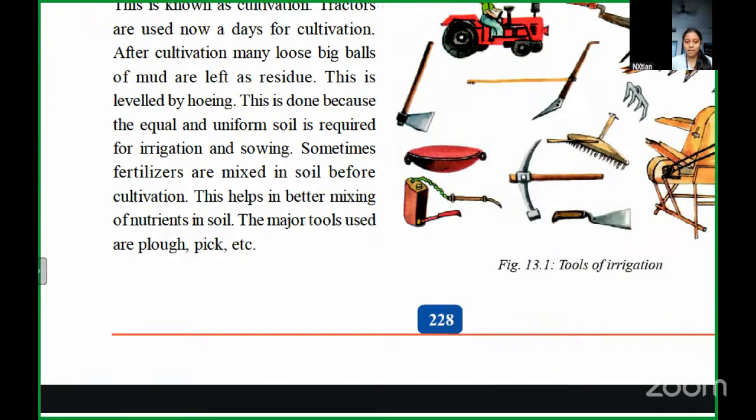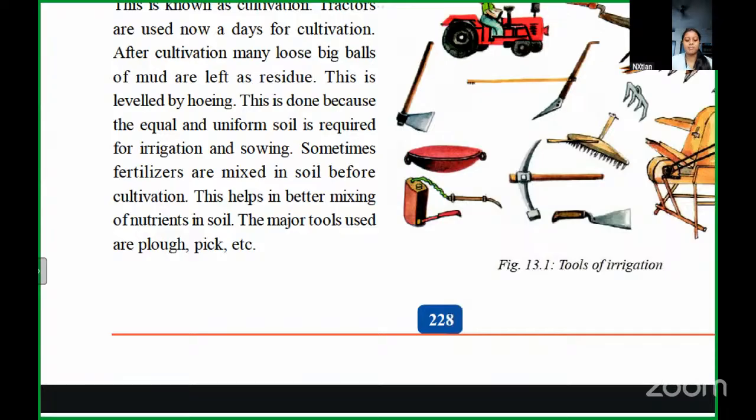After it is done, sometimes big chunks of mud are there, so they level the ground using a hoe. This is done because equal and uniform soil is required to sow the seeds.